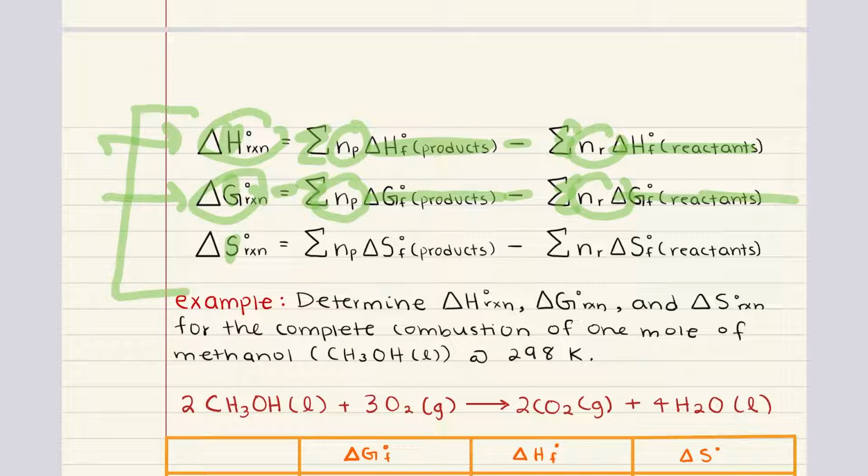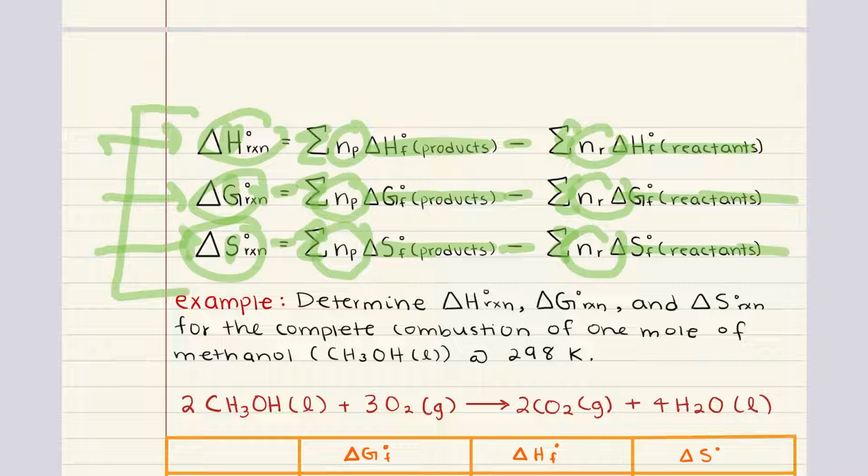I think you're catching on to the trend here, but alas, we will do the standard entropy change for the reaction. This is calculated by taking the sum of the standard entropies of the products, each multiplied by their respective stoichiometric coefficients, and then subtracting it from the sum of the standard entropies for the reactants, each also multiplied by their respective stoichiometric coefficients.